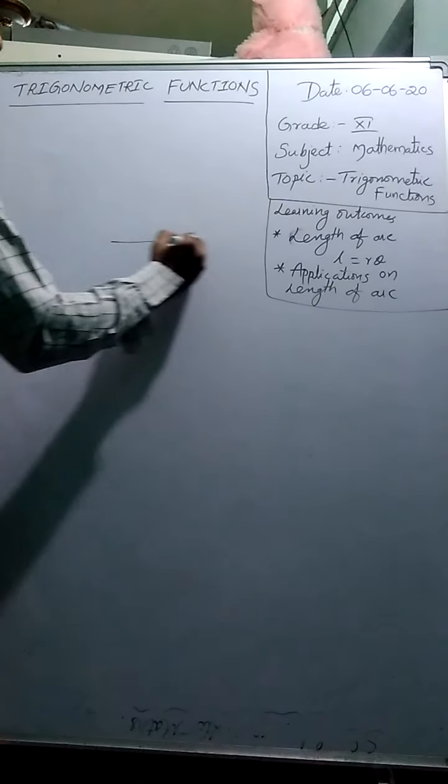Before starting the class, let us briefly recall what you have learned. Measure of an angle is nothing but the rotation of a rotating ray based on a fixed ray. Its anti-clockwise direction is called an angle.